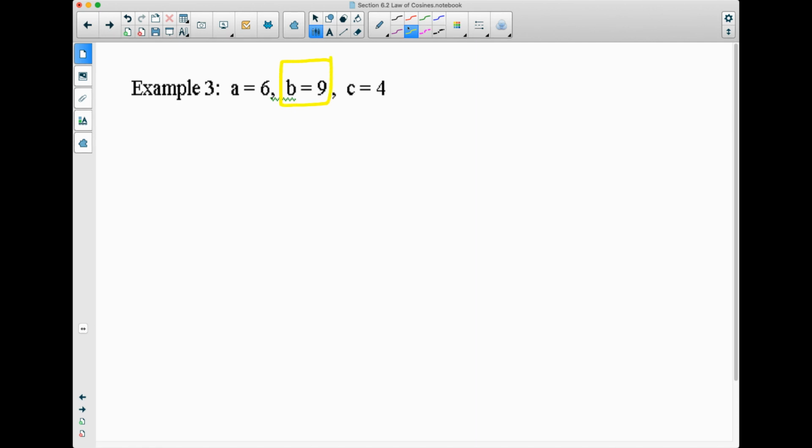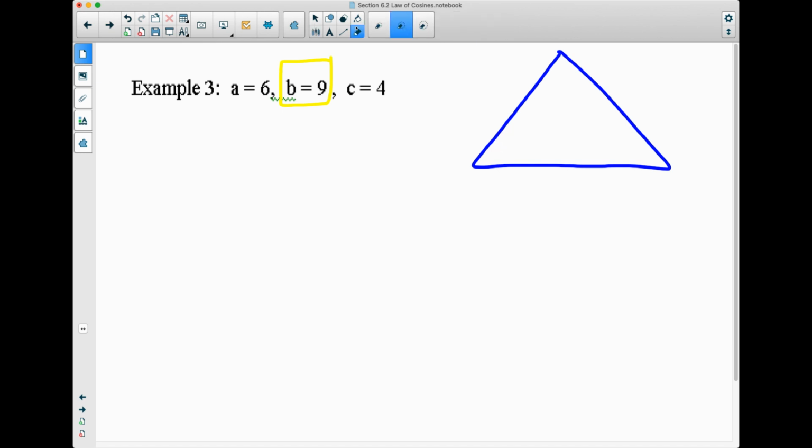Always, always, always start with the largest side when you have side, side, side. So in this particular case, we're going to solve for beta first. Always start with your longest side.